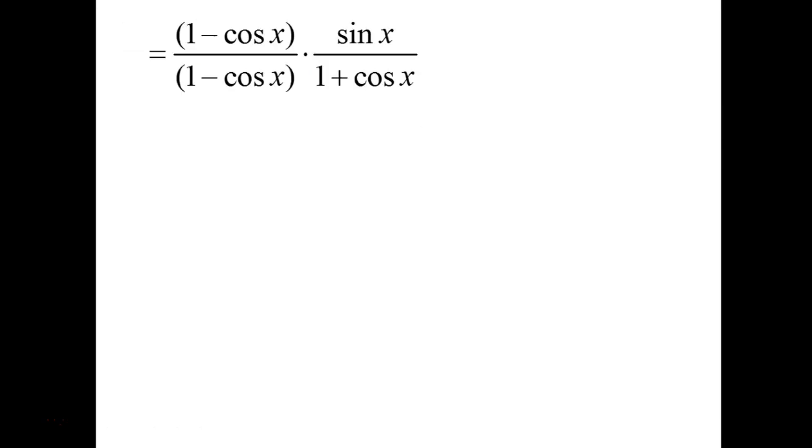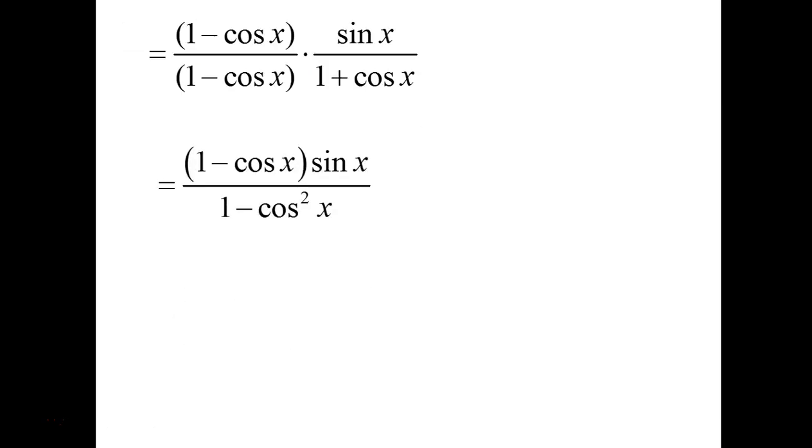So here's where we left off. I'm going to leave the top like it is, and then on bottom I get 1 minus cosine squared, basically from distributing these two conjugates. Again, I know looking at the bottom we've created a Pythagorean identity, and I know 1 minus cosine squared is sine squared, correct?